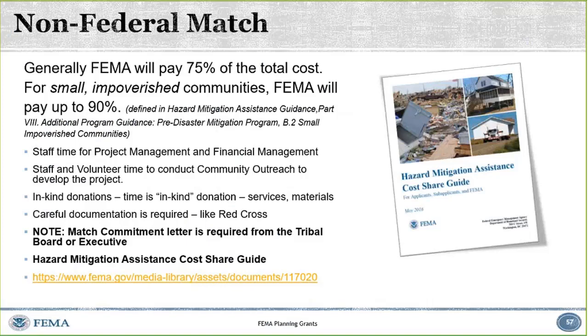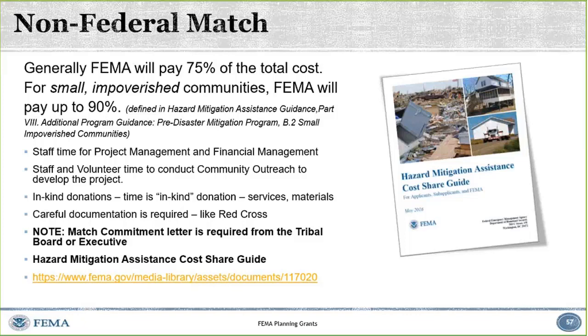Many tribes, even small tribes, that have substantial casino disbursements on an annual basis don't meet the small and impoverished threshold, because small and impoverished is 3,000 people or less, 10% below the per capita income national level for that particular year, and 1 percentage point higher in unemployment rate.